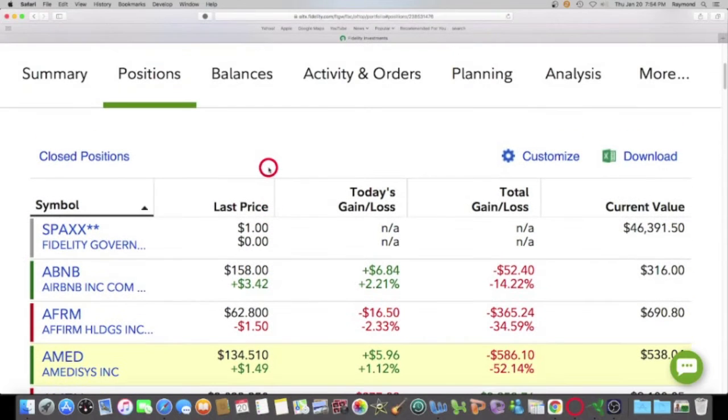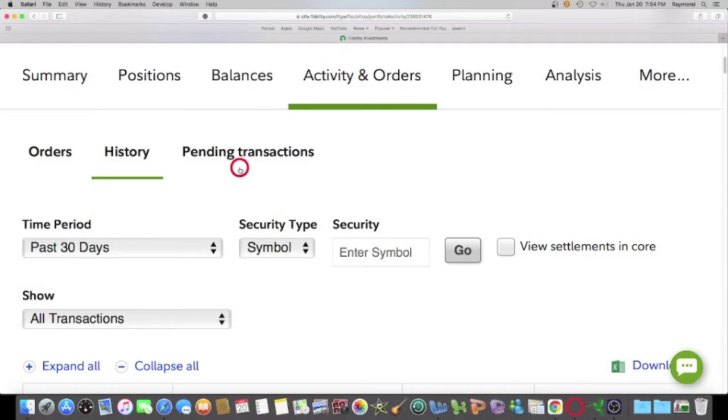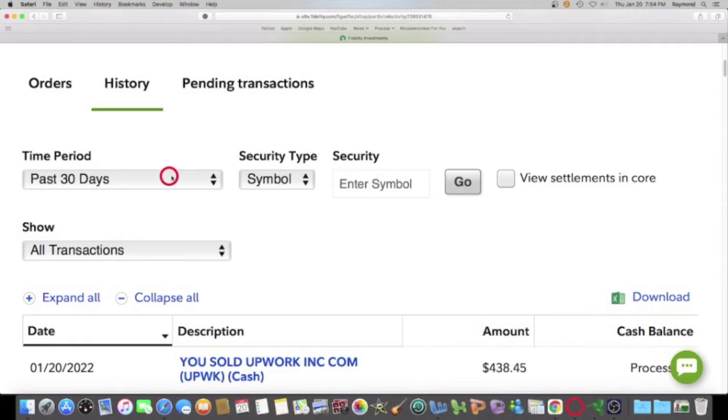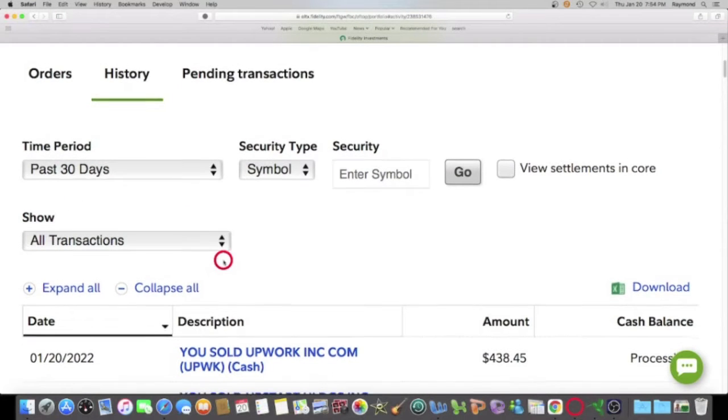Did I have any dividends? And where do we go in Fidelity to find out any dividends? We go right up here to activity and orders. And I have this set for the past 30 days, and I have this set for all transactions.